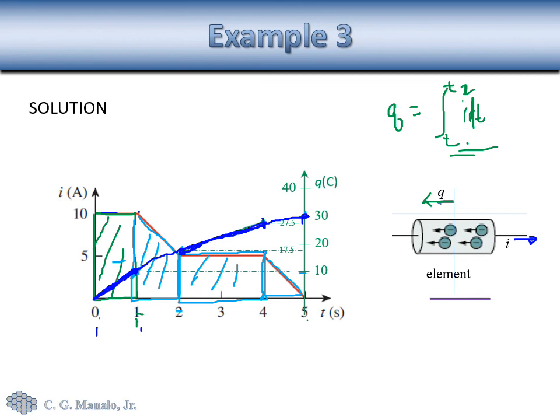So that is the plot for Q. Now, it's not required in the problem to get the equation for the plot, but take note that this segment must be a straight line and also this one, and that can easily be determined, while this one should be maybe a quadratic equation because this is a curve, and likewise for this segment here.